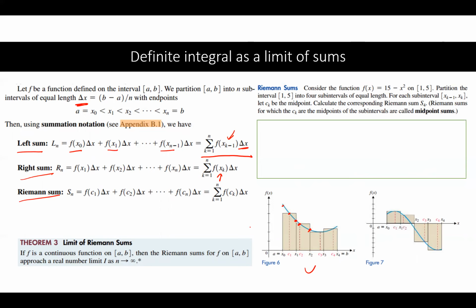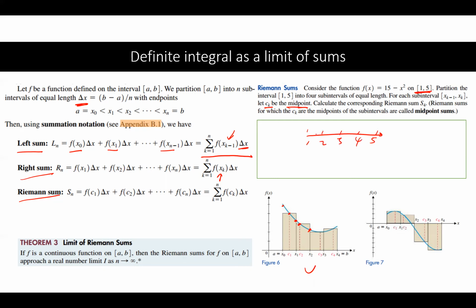So here we have an example problem. Let's let the point that calculates the height of each rectangle be the midpoint. How do we calculate it? We just need to find it from the interval. For this interval, 1 to 5, we have the points 1, 2, 3, 4, 5.